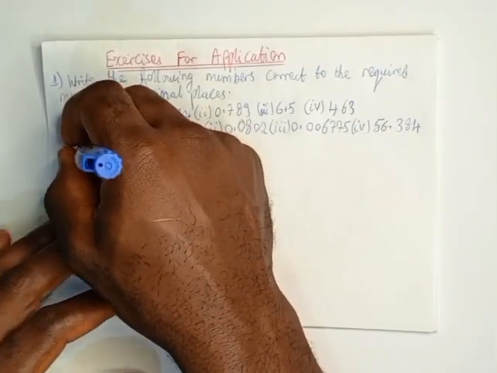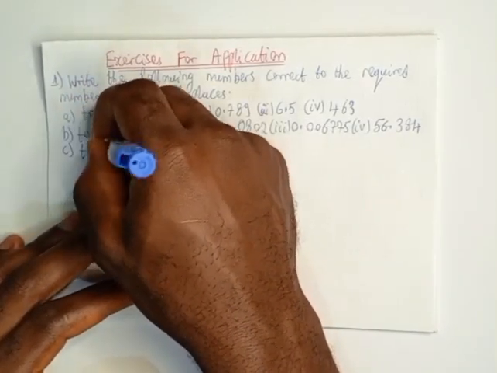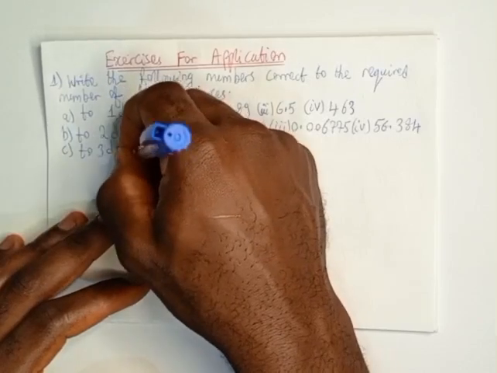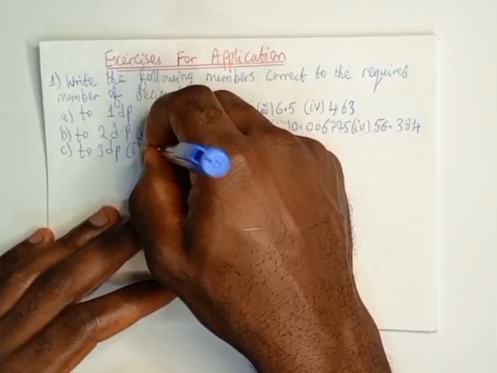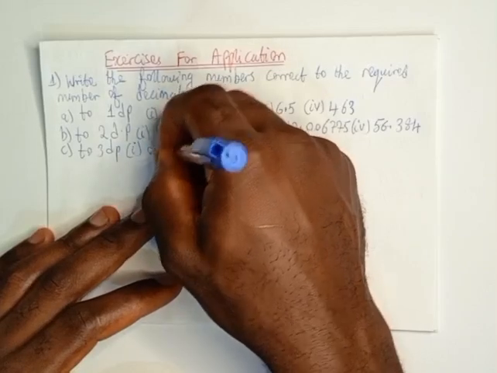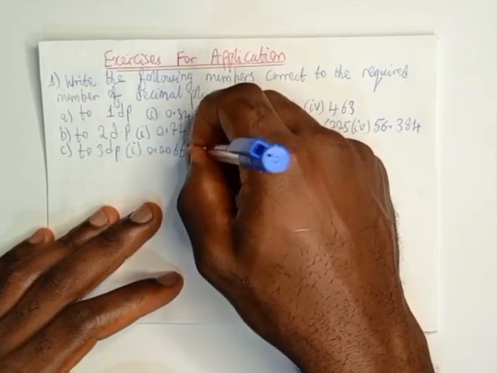Question C, to 3 decimal places. For I we have the number 0.006648.